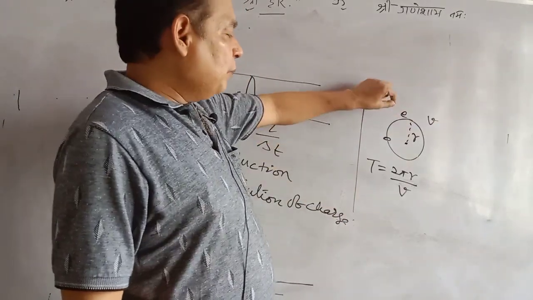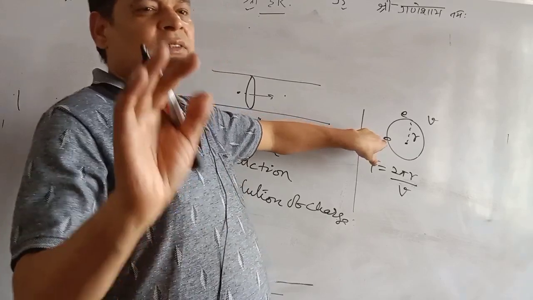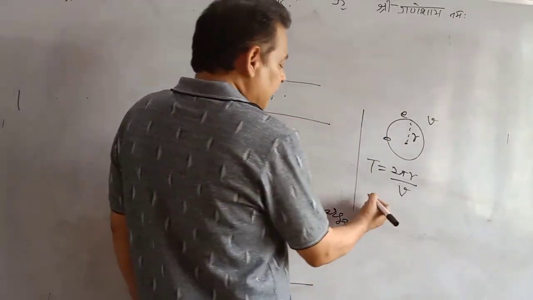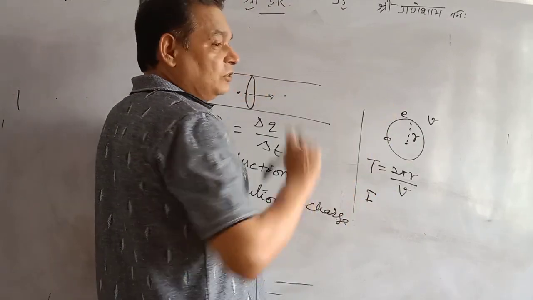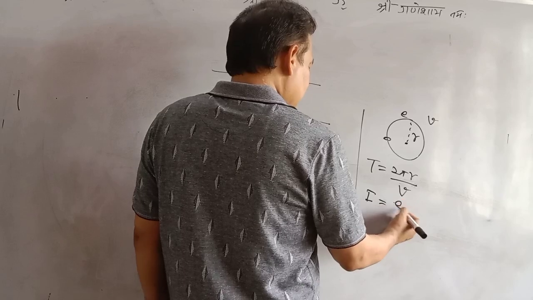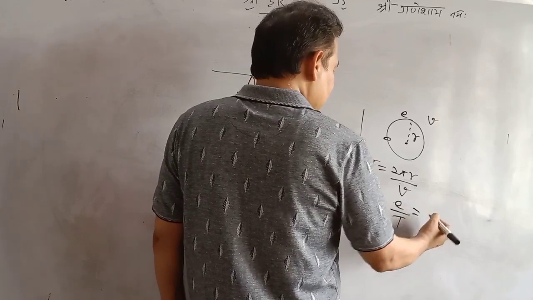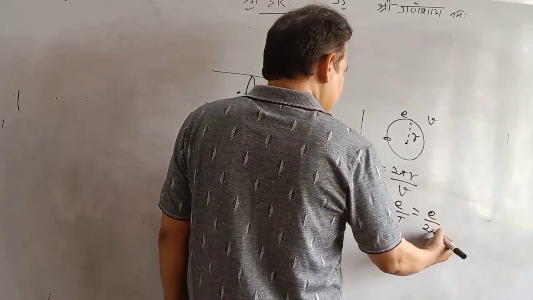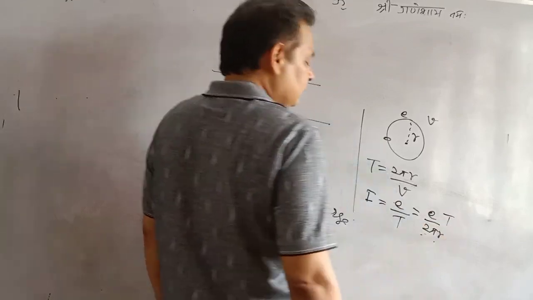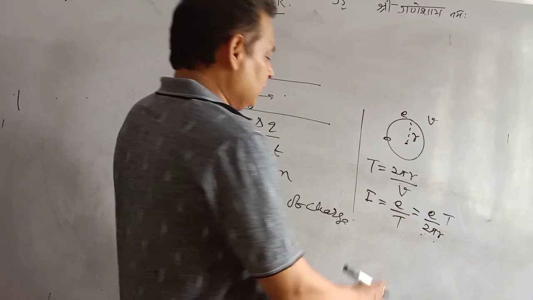This charge will pass through this assumed surface once. So current due to this revolution of charge will be electron charge e upon this T. This is time, I'm very sorry.